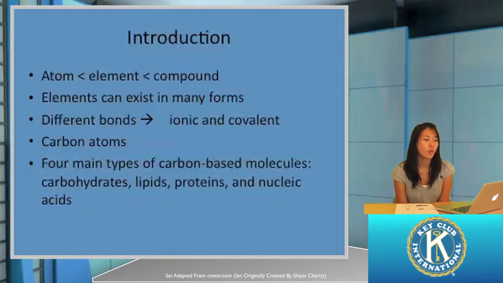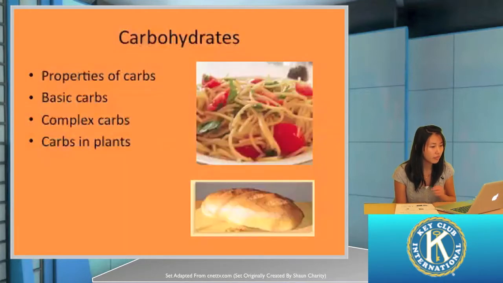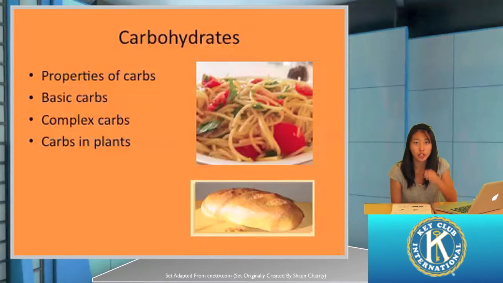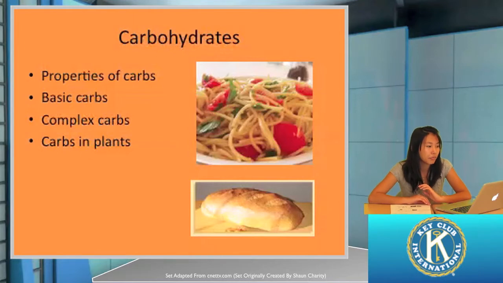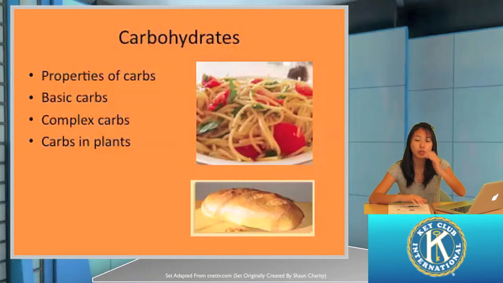Four main types of carbon-based molecules are carbohydrates, lipids, proteins, and nucleic acids. First off, carbohydrates are made of simple sugars. That's their building blocks. The most basic sugar is a monosaccharide, which can exist as glucose, fructose, or galactose.